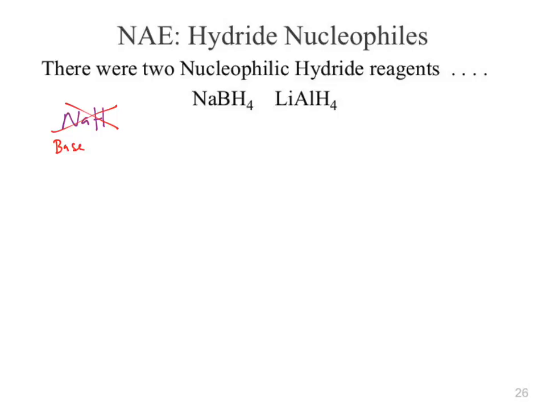When we looked at lithium aluminum hydride and sodium borohydride, did we notice any differences in their reactions? Lithium aluminum hydride was more reactive. Did that change how it reacted with the species we looked at? What species did we look at?